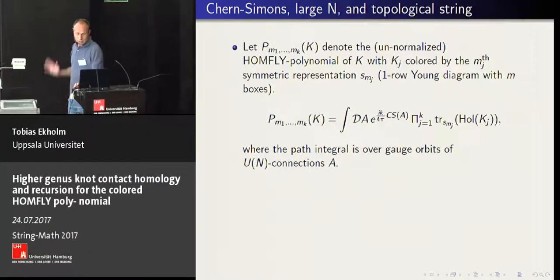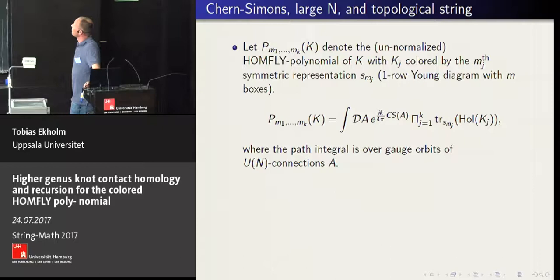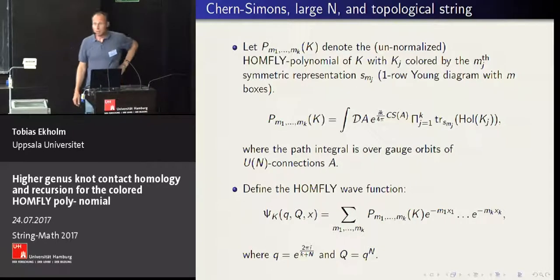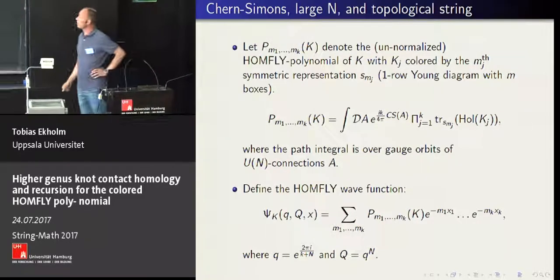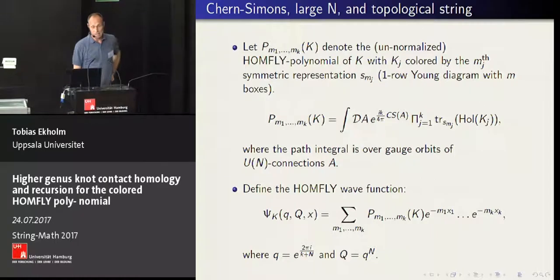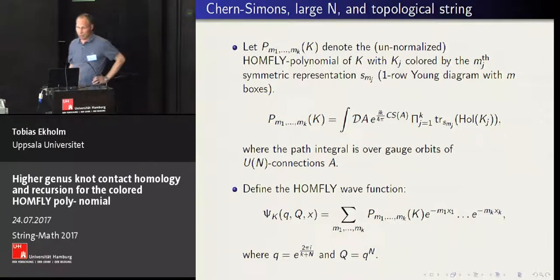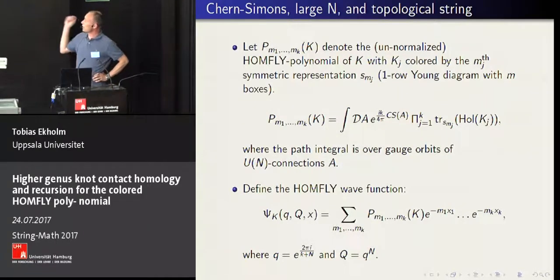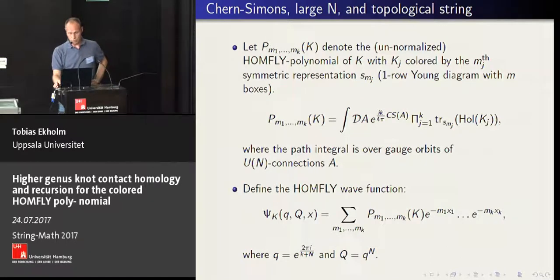There is an expression of that in terms of Chern-Simons theory as up on the board, and we are going to collect all these colored HOMFLY polynomials into something that I call the wave function. Exactly, the coefficients are these colored HOMFLY polynomials for various colors, and we keep track of which the colors are by exponentials. Okay, and the variables are somehow the usual ones.